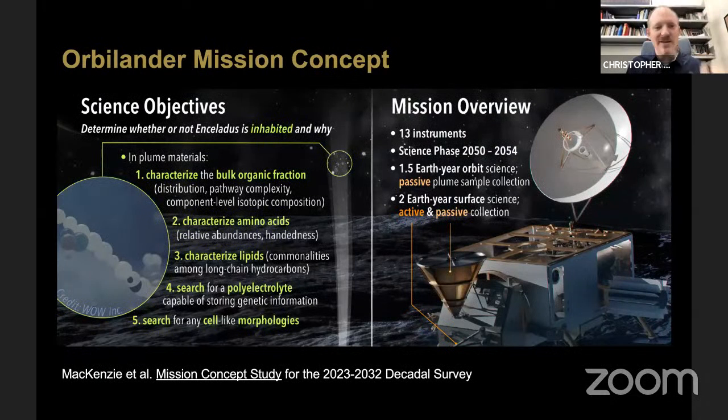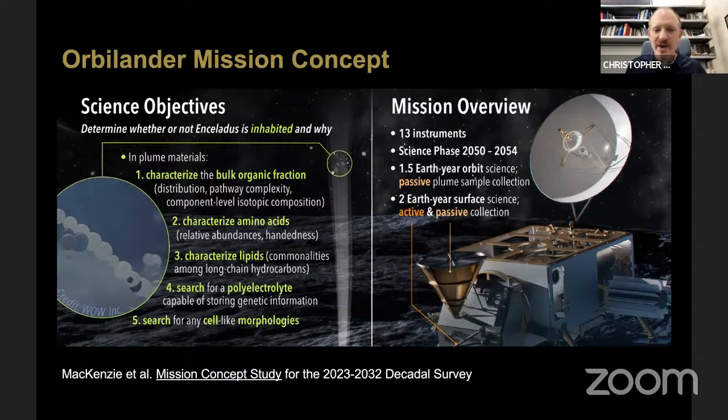So I think in this forum previously, you may have had a pretty good summary of the Orbilander mission concept. And this is just a very quick snapshot that I will use to refer you to an amazing mission concept study that was led by Shannon McKenzie for the decadal survey.